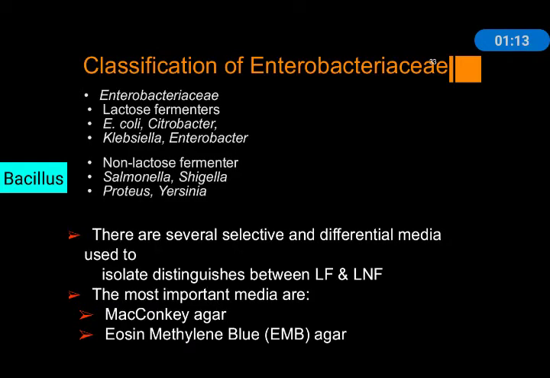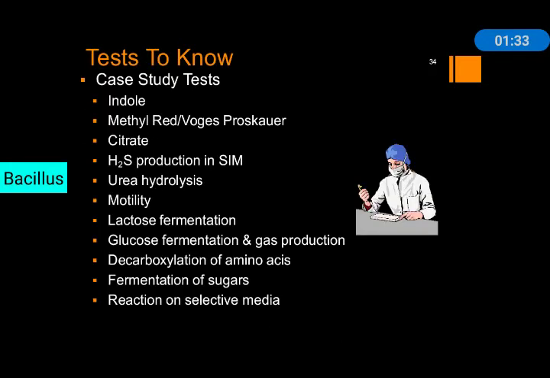Classification of the Enterobacteriaceae. In part 2 we already discussed the Enterobacteriaceae group and its classification, and how to differentiate between the lactose fermenters and the non-lactose fermenters. Now, how to test for coliforms present in water.